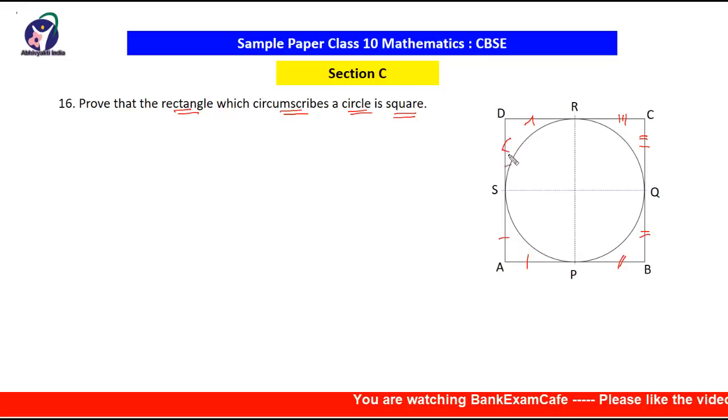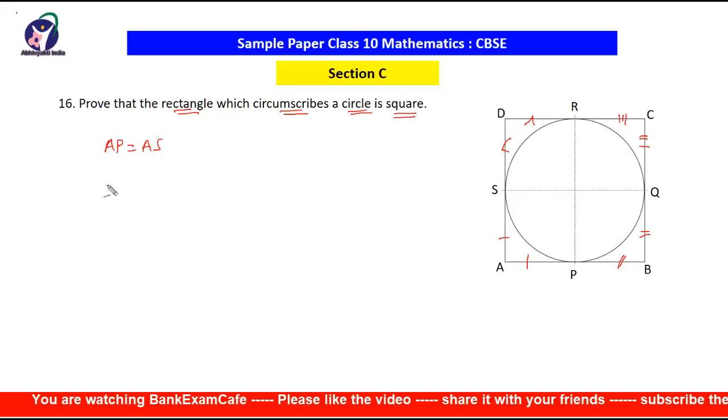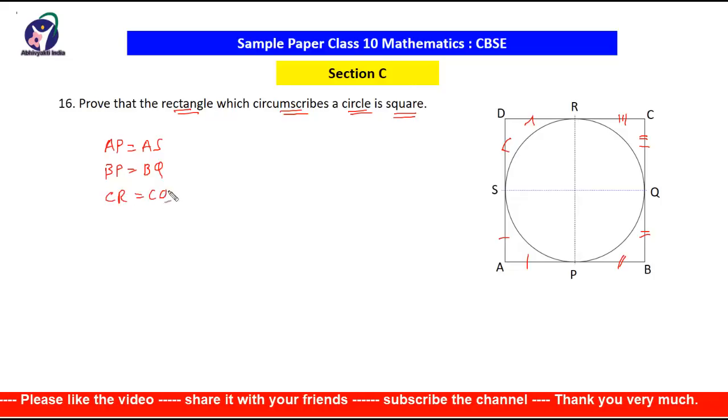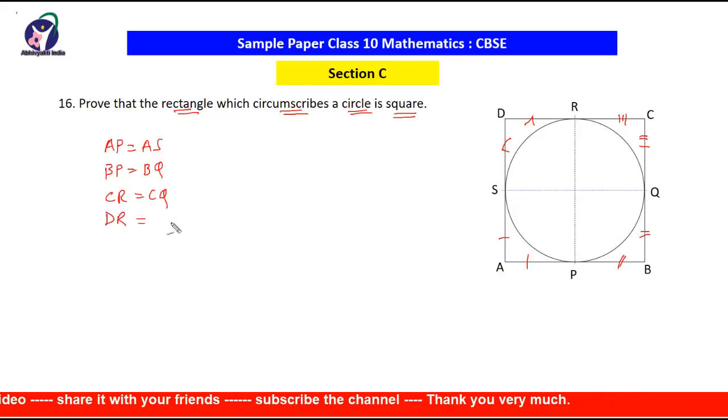So first we will write this. Here we get that AP is equal to AS, BP is equal to BQ, CR is equal to CQ, and DR is equal to DS.